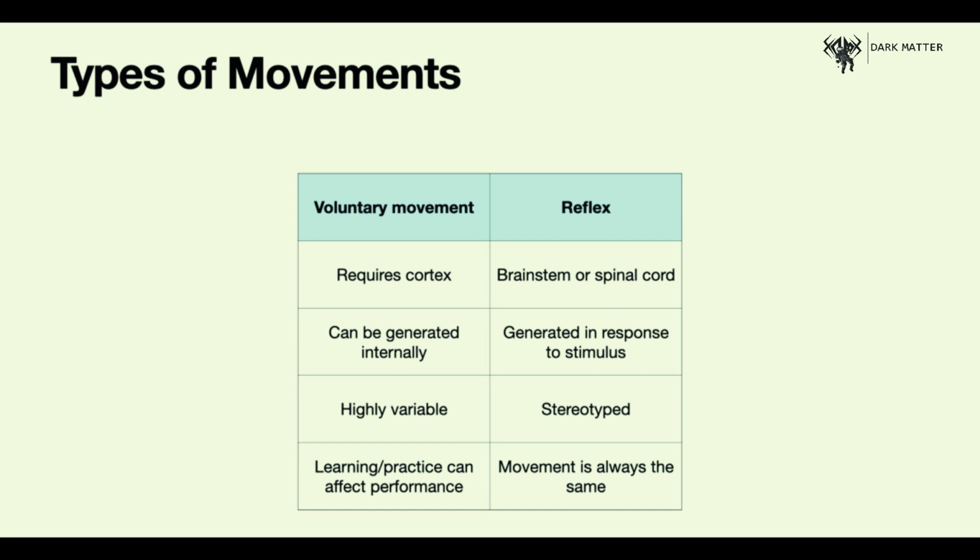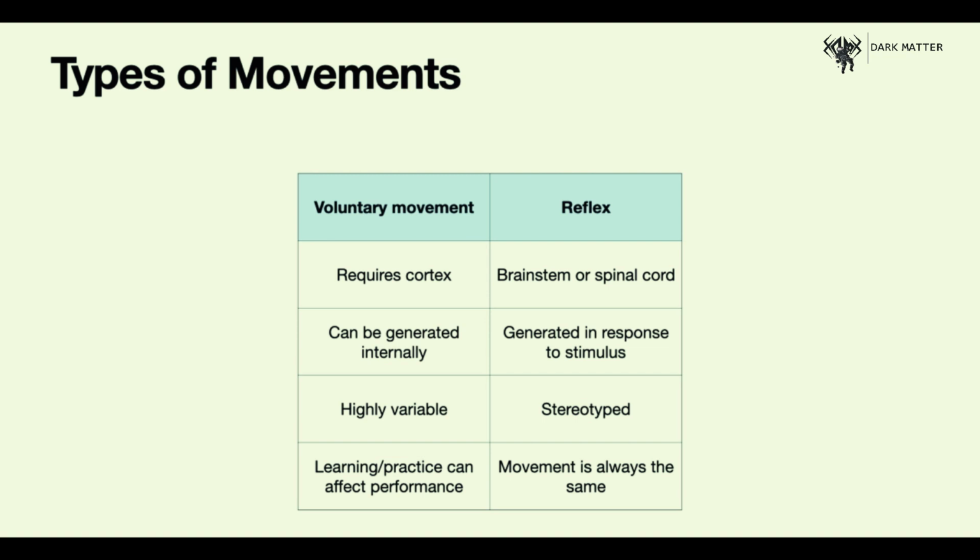So the structures and the circuits that are activated in the motor system depend on the type of movement that we want to produce, specifically whether the movement is voluntary or involuntary, like in the case of a reflex. There are many differences between these two. So in terms of structures that are involved, because voluntary movement arises from consciousness and higher order thinking, it requires the cortex.